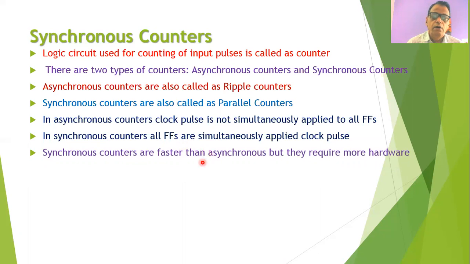So one can easily say that synchronous counters are faster counters and asynchronous counters are slower counters. But whenever we want to achieve speed, we will require more hardware. So synchronous counters will require more hardware than asynchronous counters.